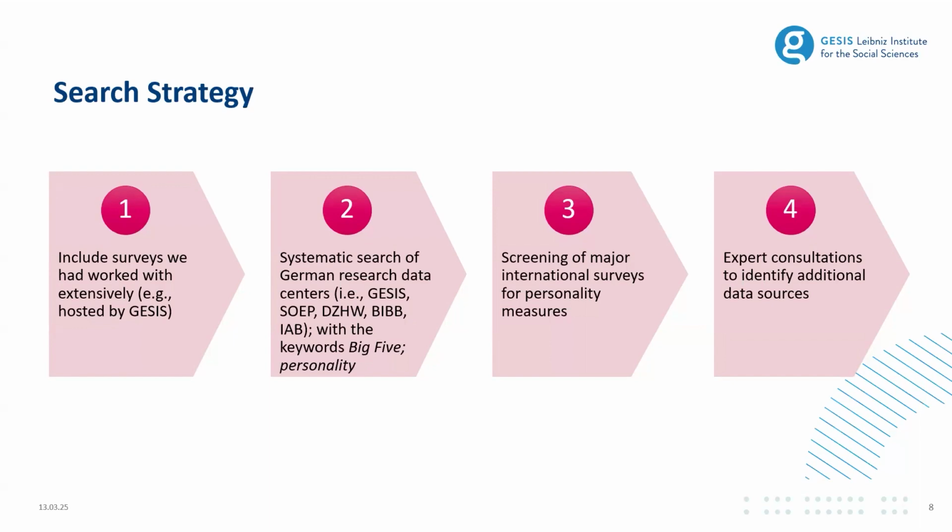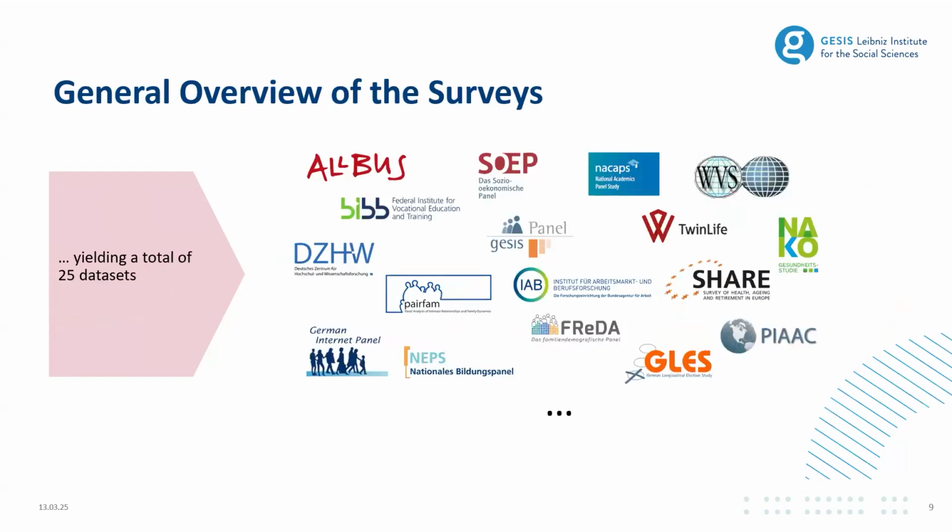And lastly, we contacted the experts affiliated with those identified surveys, not only for them to review our description of their surveys, but also to identify additional sources that we had potentially overlooked thus far. In total, the search strategy yielded 25 data sets.